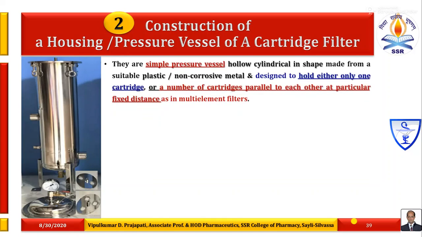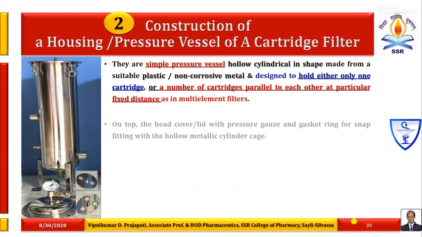They are simple pressure vessels, hollow cylindrical in shape, made from a suitable plastic or non-corrosive metal, that is matte metal or stainless steel metal, galvanized metal, and designed to hold either only one cartridge in one house, or a number of cartridges parallel to each other arranged at a particular fixed distance in a single house, as in multi-element filters.